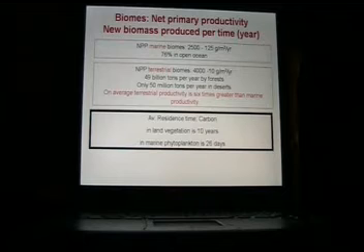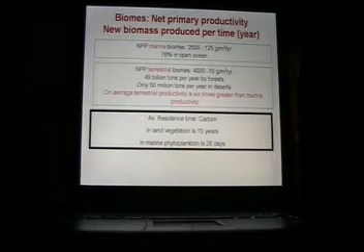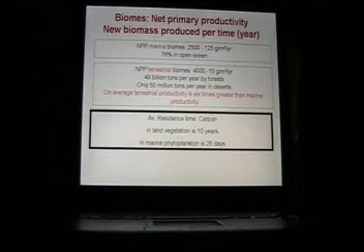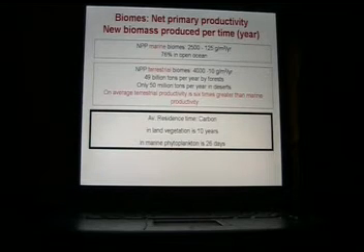The net primary productivity of terrestrial biomes is 4,000 to 10 grams per meter squared per year. 49 billion tons per year by forests, 50 million tons per year in deserts. On average, terrestrial productivity is 6 times greater than marine productivity.